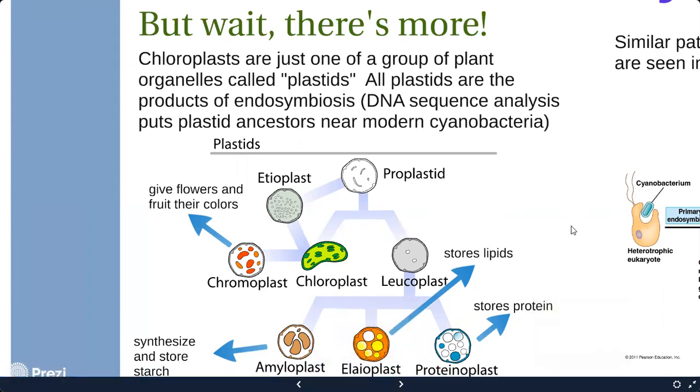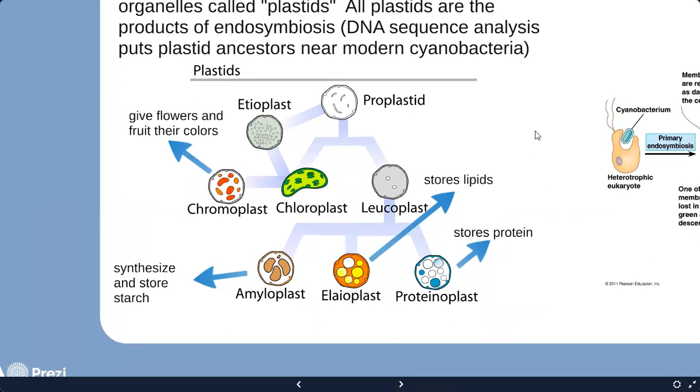But here's the proposed lineage. Like I said, you don't have to know these, just know that they exist. Okay, so this one, an amyloplast, is for starch storage because the name of starch is amylose. Proteinoplast stores protein. So those ones at least make sense, but there are some other ones too.